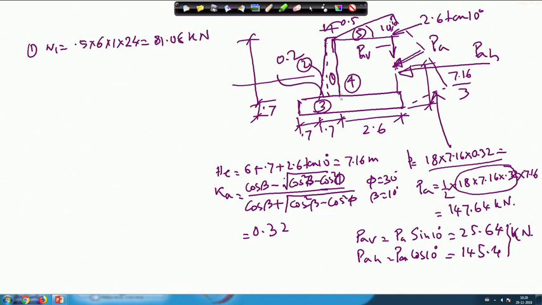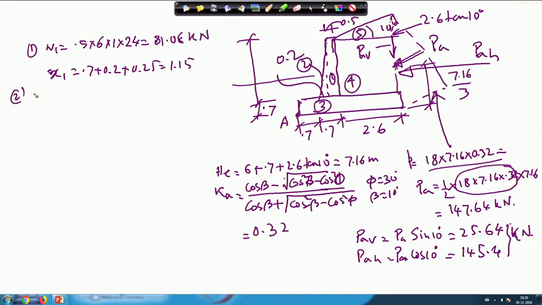If I consider how far it is from this point A, that distance, the lever arm x 1, will be 0.7 plus 0.2 plus 0.25, which is equal to 1.15.